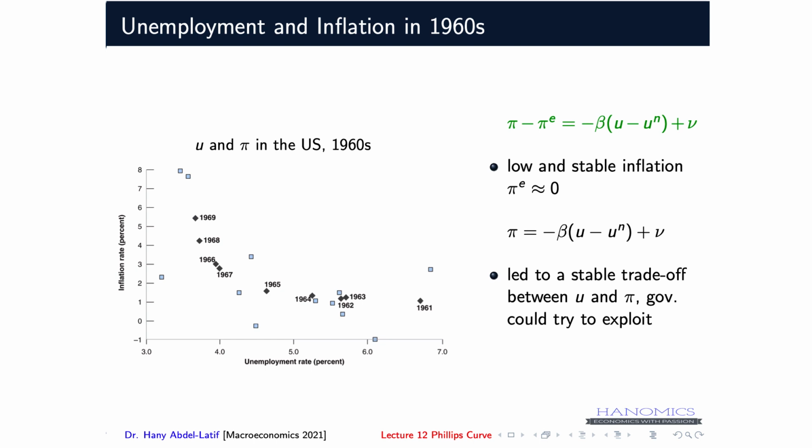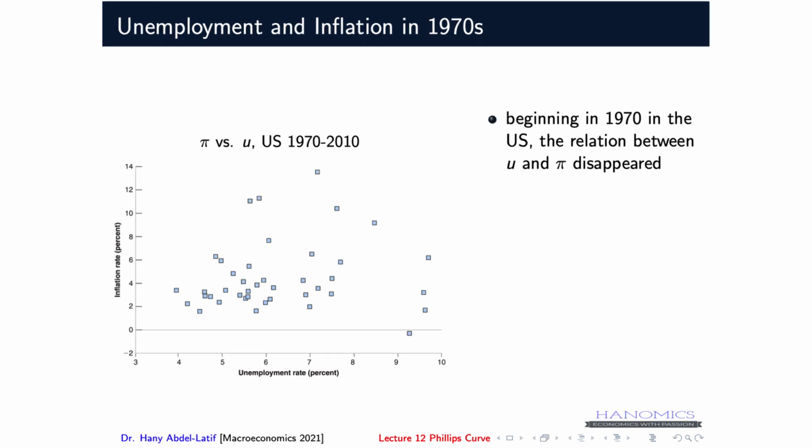And then we try to use that to understand why that relationship in the 1960s was very clearly an inverse relationship between the unemployment rate and inflation rate, and that trade-off was very clear at that point. And then what could have happened in the 1970s that changed this, to make the data coming from the US show that this negative relationship between the unemployment rate and inflation rate has disappeared.